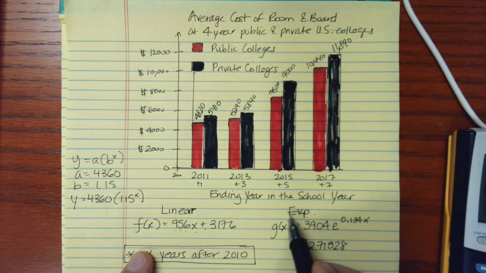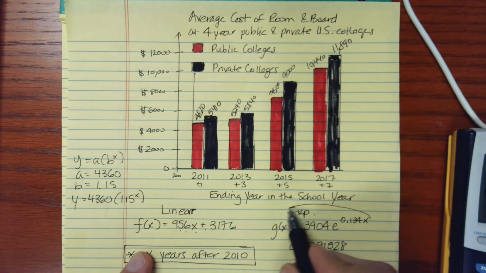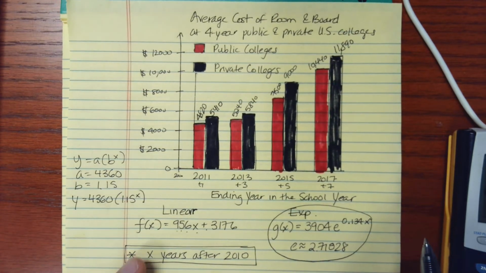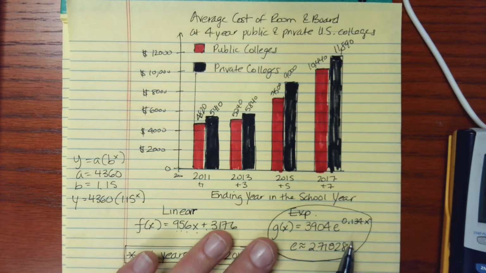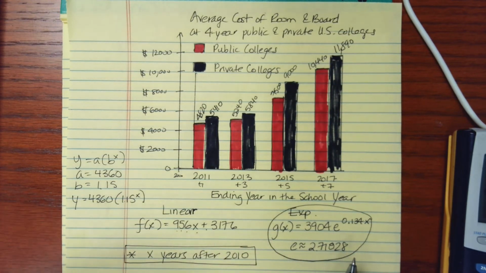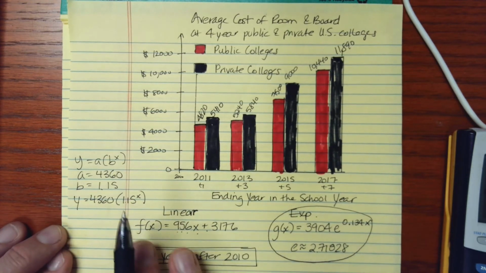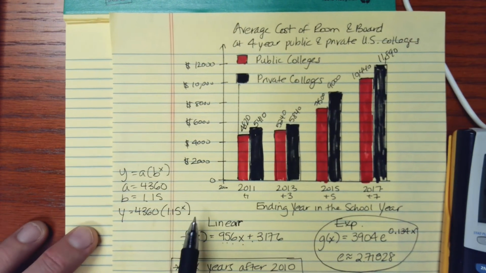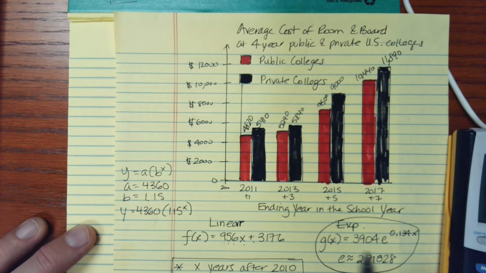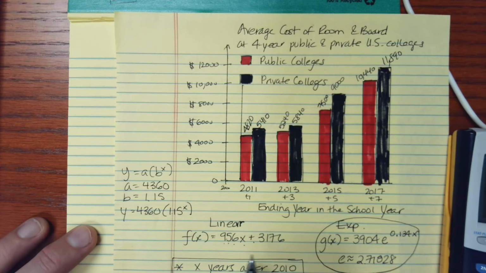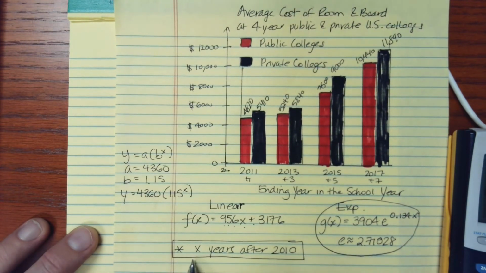There's another version of the exponential model here using base e, which is an option, but I wouldn't get this from the calculator, so I'm actually going to use the result that we got from the calculator. This came out of the textbook, this was just given, but I'm going to use the value here. So again, these will tell us the averages x years after 2010.